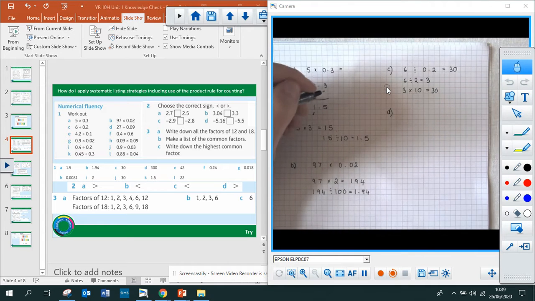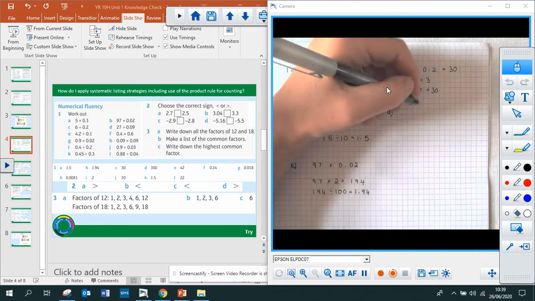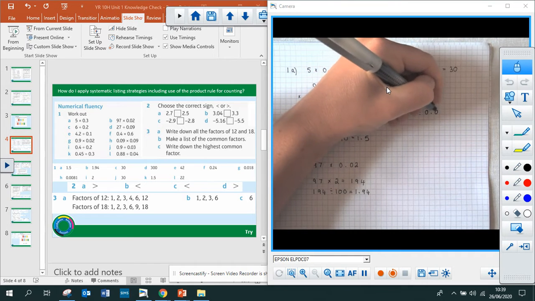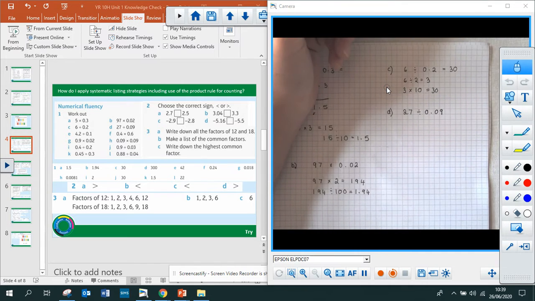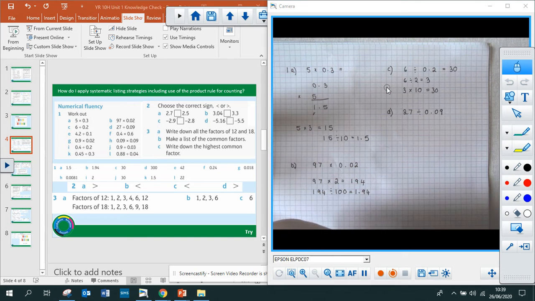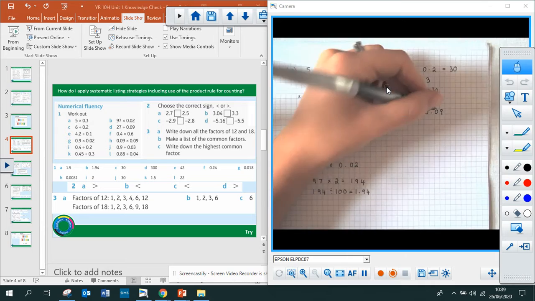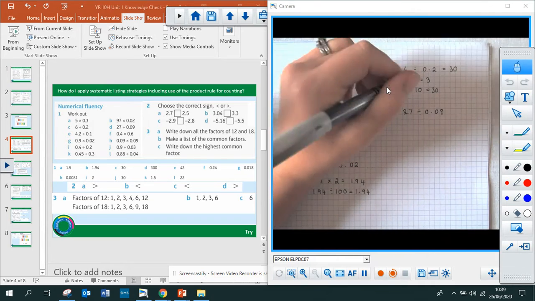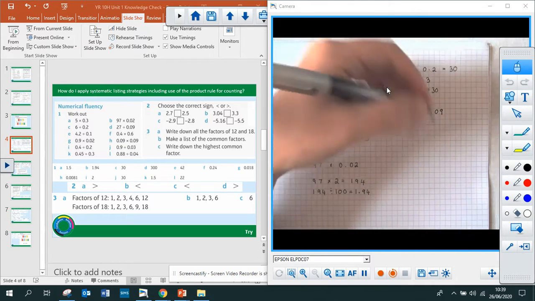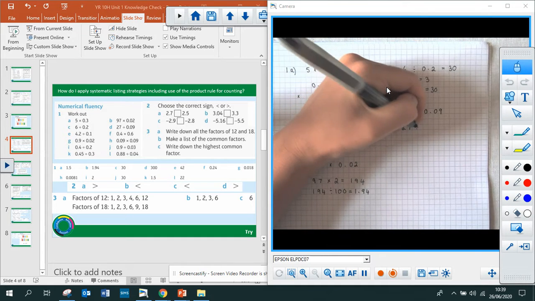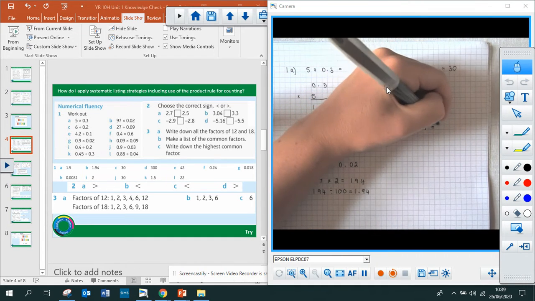Part D, 27 divided by 0.09. Again, we need to be careful when we're considering this. I know, without working out any decimal calculations or using long division, 27 divided by 9 is 3.